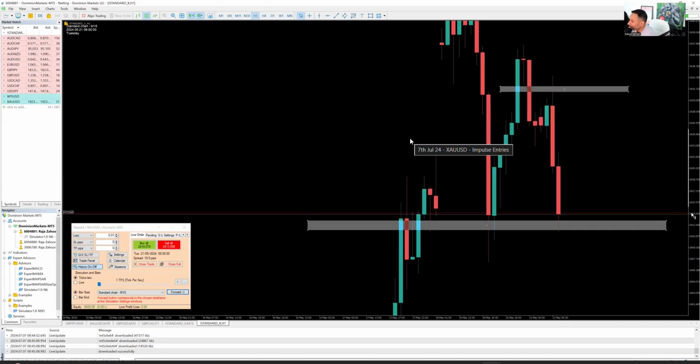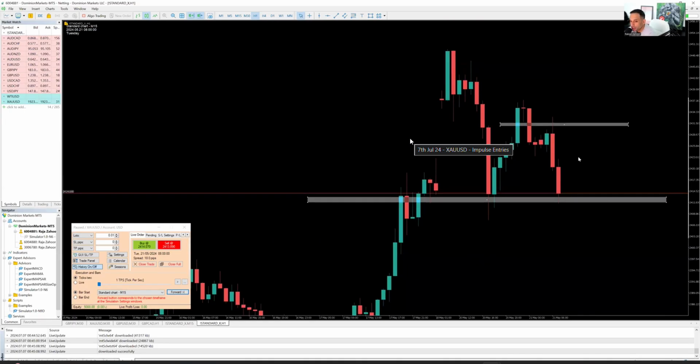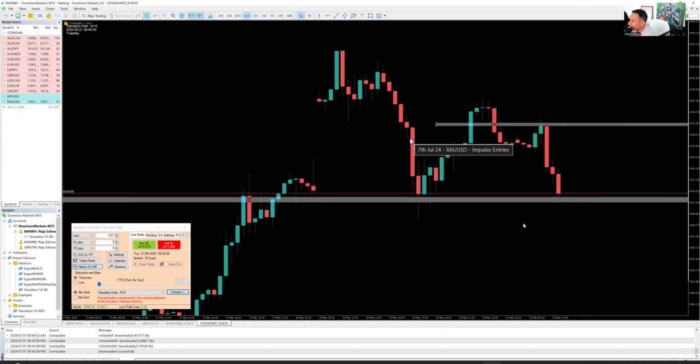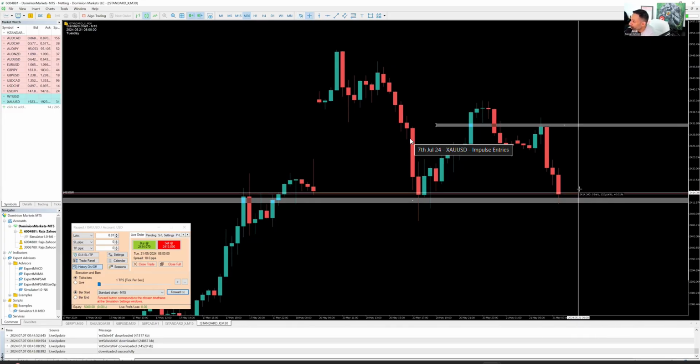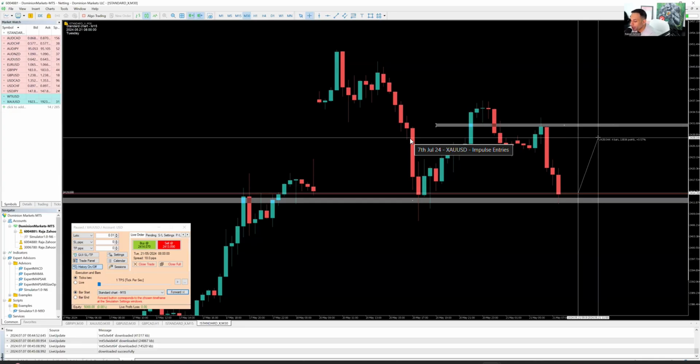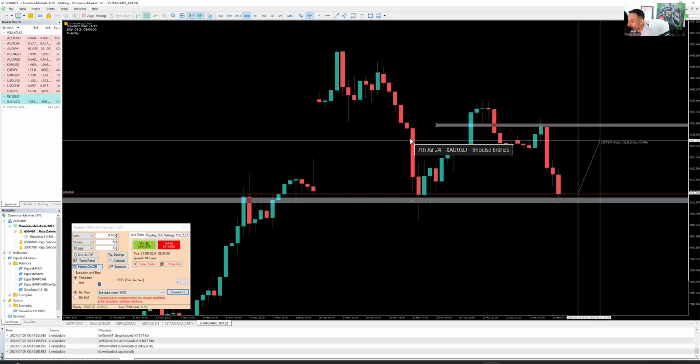Now, looking at this, I don't actually care what the bias is, because if I'm looking at the 30-minute time frame, I could care less if the bias is bullish or bearish. All I know is that if we can create some sort of support, then price can continue to push up, even if the bias is bearish on the 4-hour or the daily.